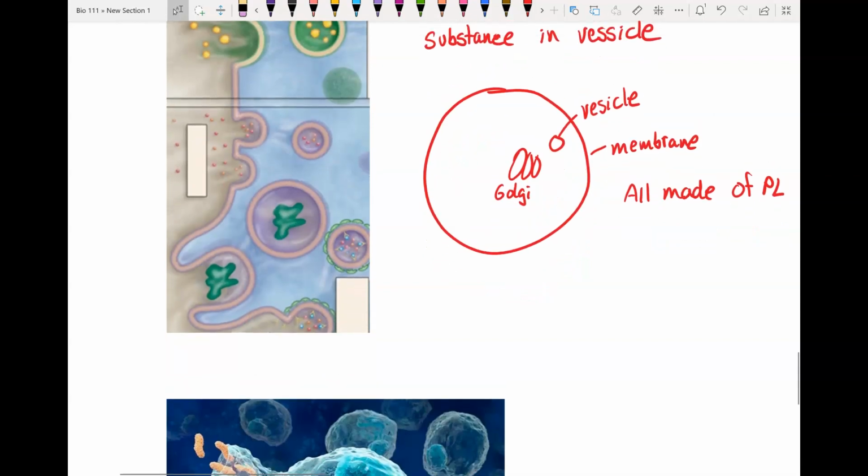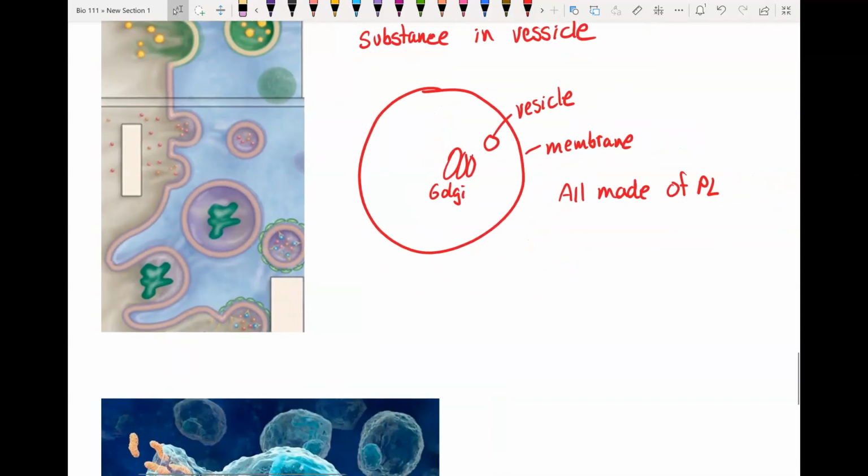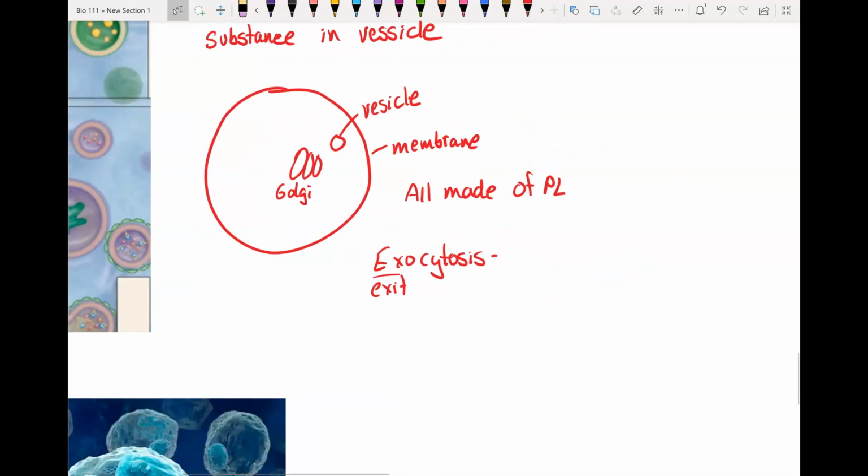So vesicular transport goes two directions. You have in and you have out. Let's look at exocytosis. So exo, think of exit. If you're doing exocytosis, you're going to pinch off a piece of the Golgi.